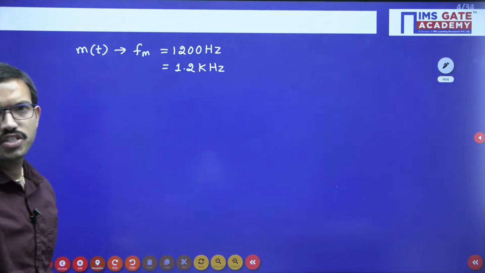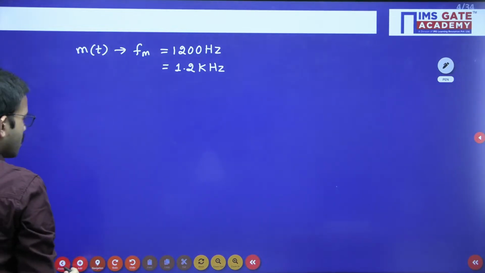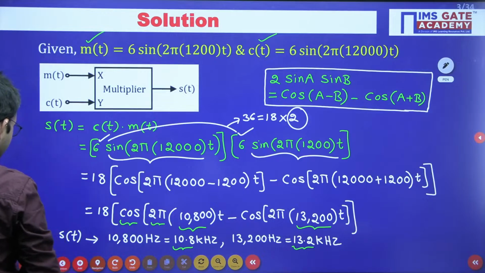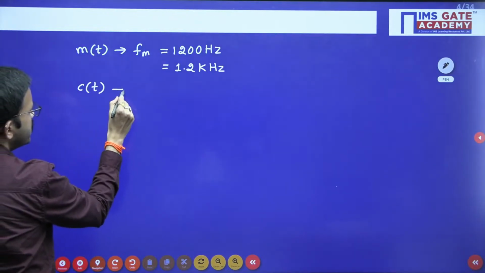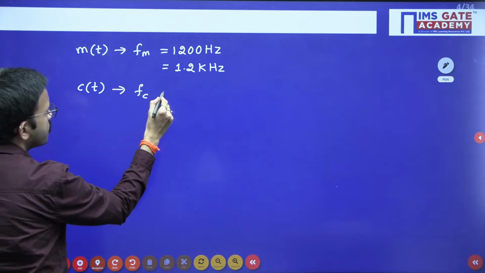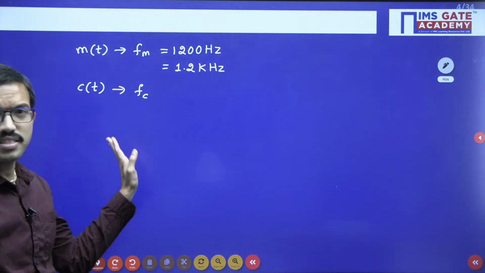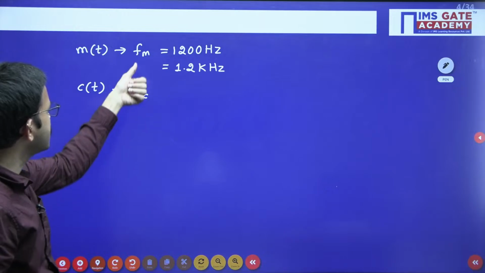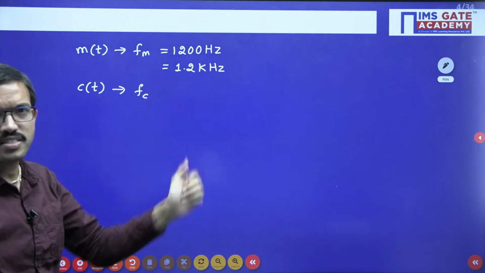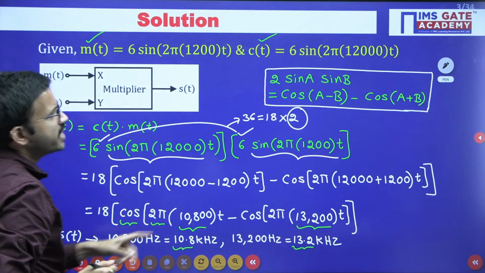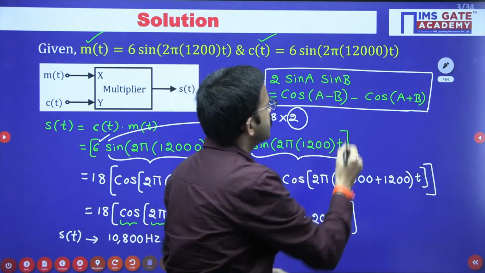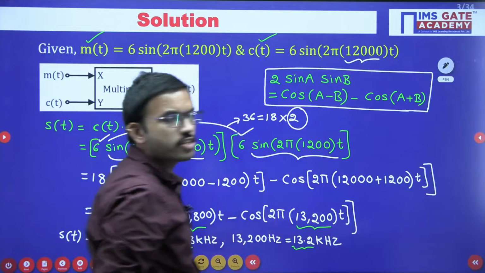Now you are having one more signal, that is the carrier signal. It is also having some frequency, that is fc for the generalized case, the carrier frequency. This is the message signal frequency or modulating signal frequency. In this particular example, it is given as 12,000 Hz.